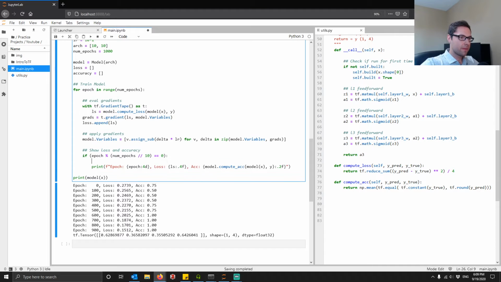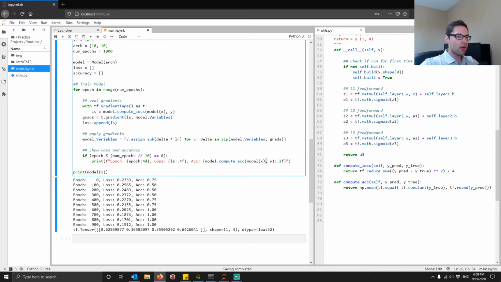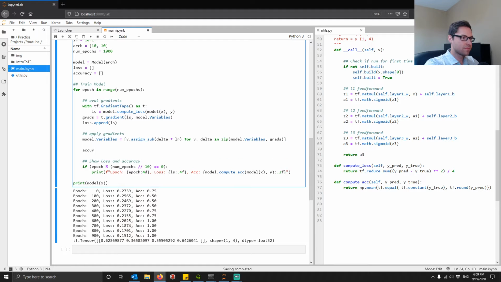And over here, we compute loss at only, if we have 1,000 epochs, it only does it every 100 by this divided by 10. But let's just say we wanted to compute the loss every iteration, just so we can plot it, okay?